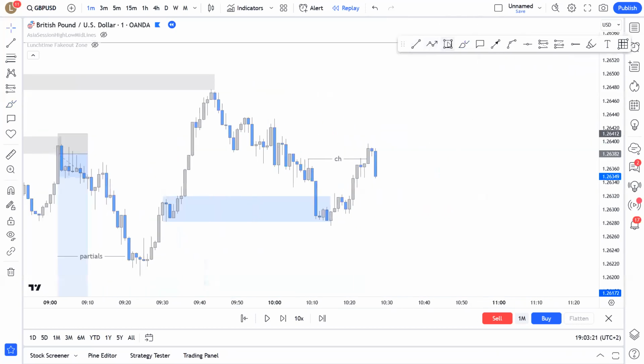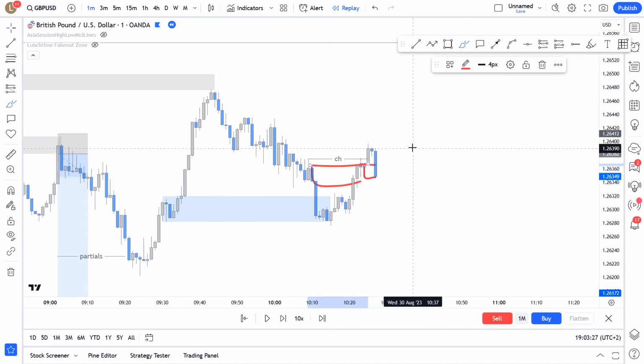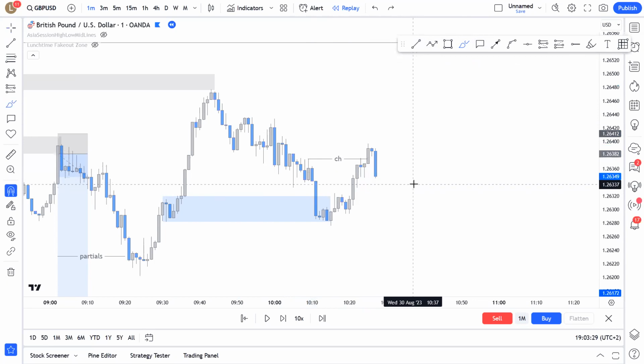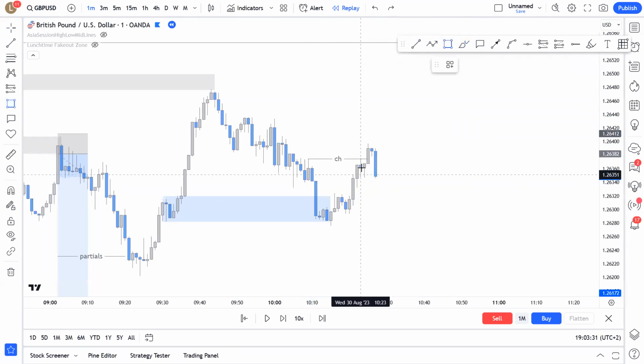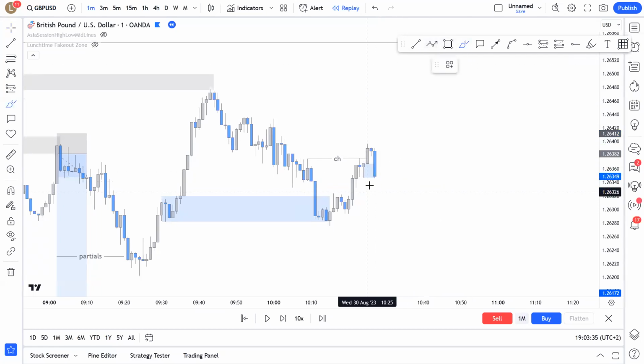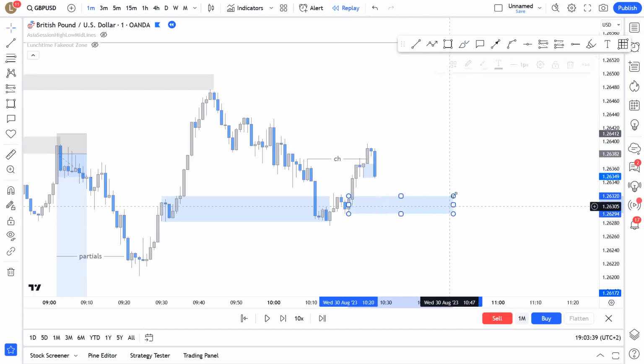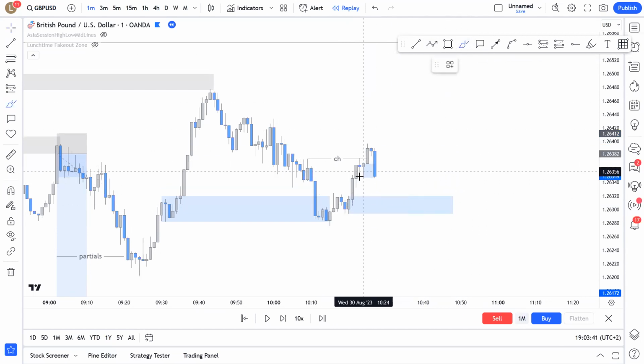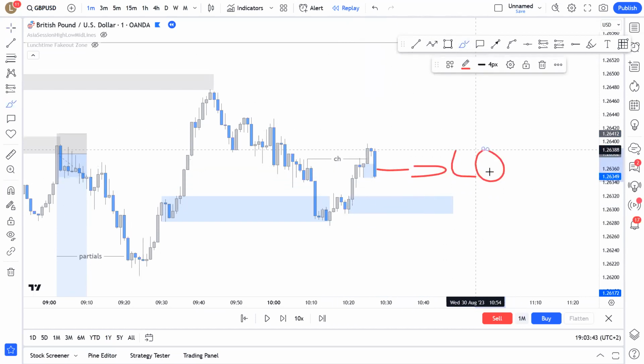I couldn't really enter, for example, here on this demand that has flipped this supply, because there was a missing base criteria. If we wanted to count the base criteria, then we would have counted this decisional demand as liquidity for the extreme demand. Now the base criteria is fulfilled, because there is a decisional zone which counts as liquidity for the extreme below it.